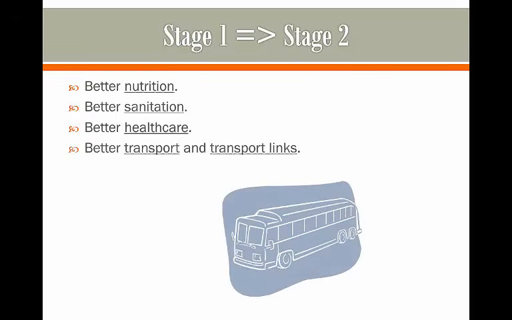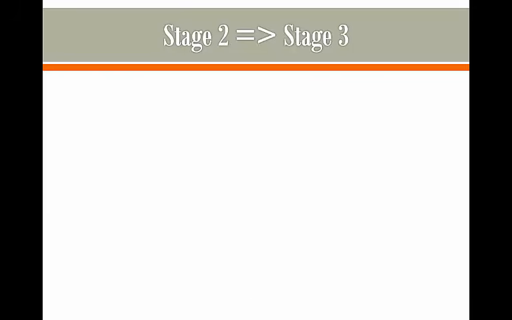Less people are dying from malnutrition and diseases, because there's now sanitation and healthcare, and better transport links mean that it's easier to move food in and out of the country. As a result, more people are receiving the nourishment which they need, which makes them become a stage 2 country once the death rate decreases drastically.